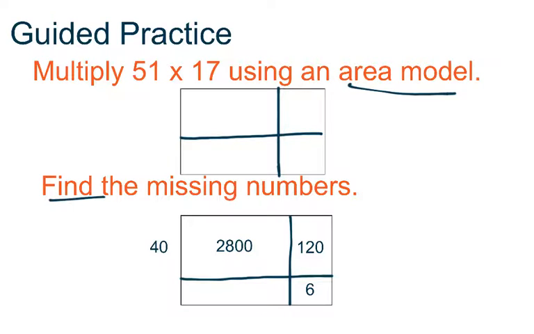Then you're going to find the missing numbers in this scenario. So for example, I know that this is going to be 40 something. I know that this number times whatever's here is going to multiply to 120, and I know whatever this times this is going to give me 6. So remember those steps and go ahead and pause the tutorial to solve your guided practice now.